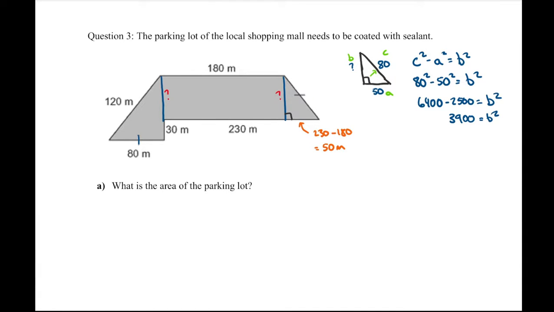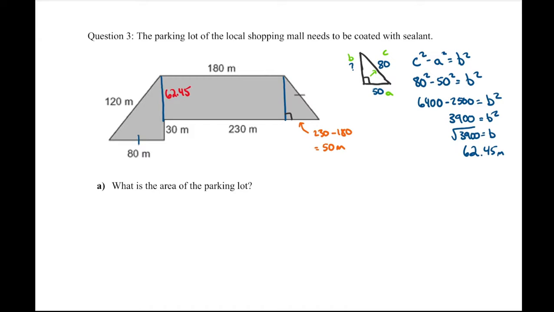Again, the last thing we have to do in Pythagorean Theorem is square root. So when we square root that answer, we get roughly 62.45 meters. And now we have this unknown height.